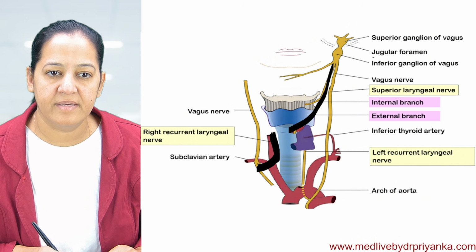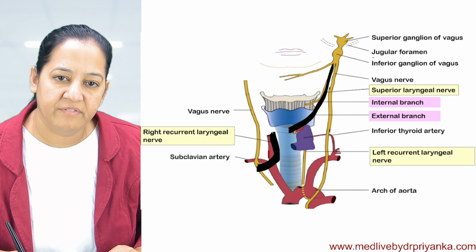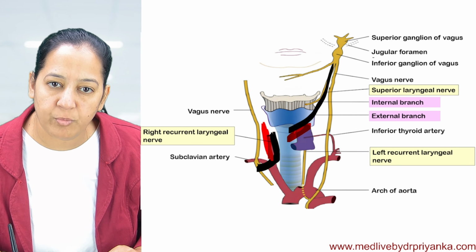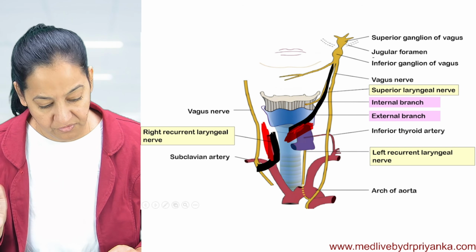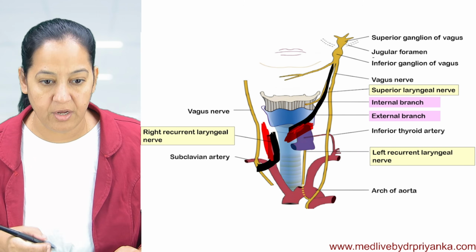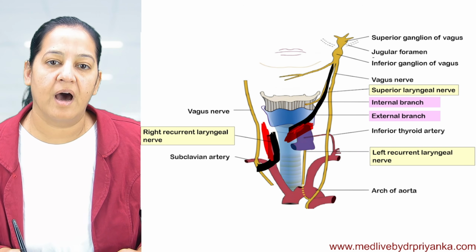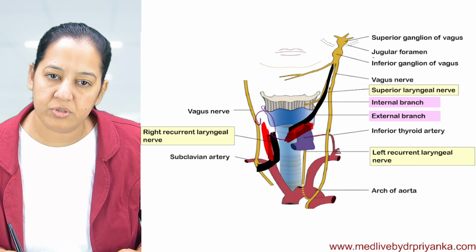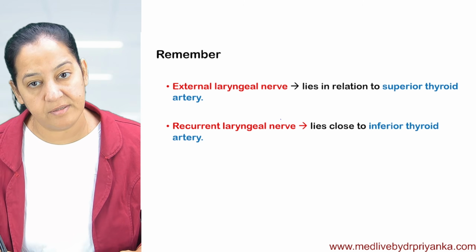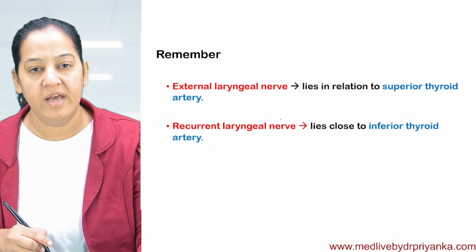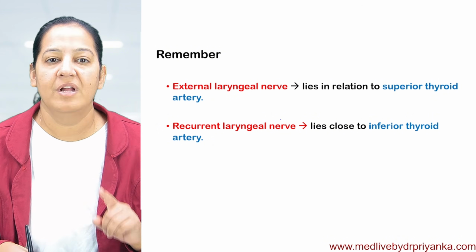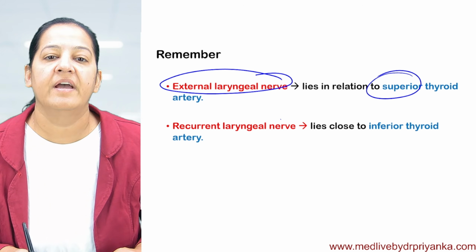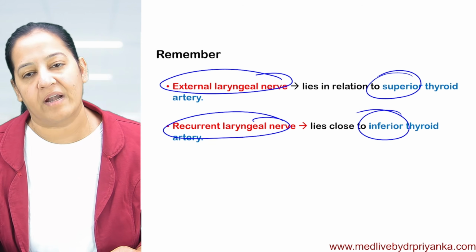So RLN is in close contact with the inferior thyroid artery, this one. And the external branch of SLN is in close contact with the superior thyroid artery, this one. So while doing thyroid surgery, they can be injured.